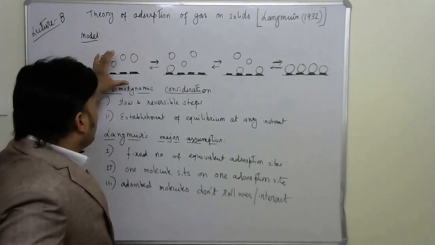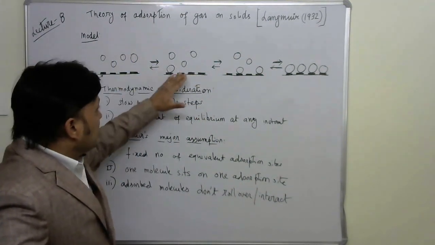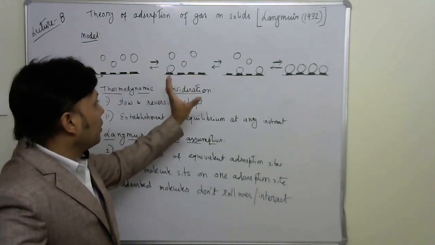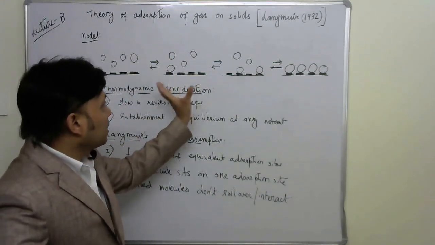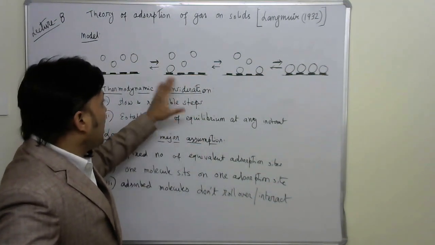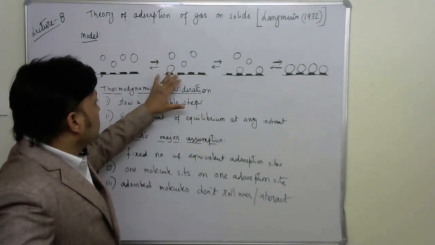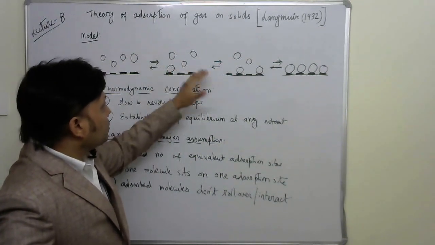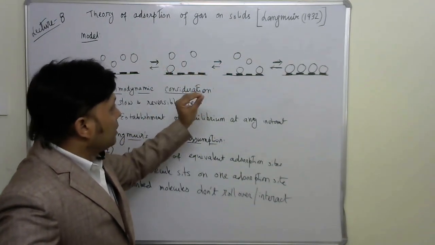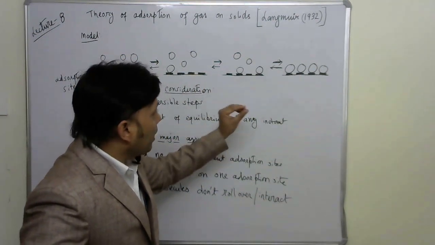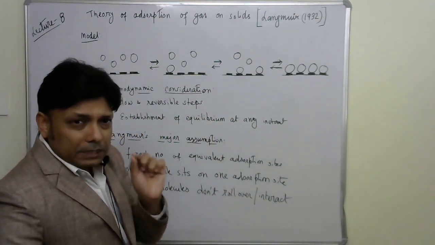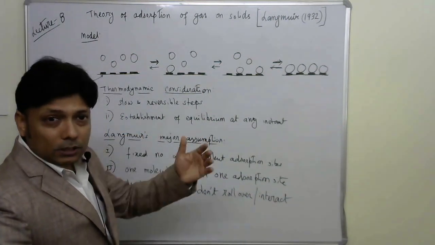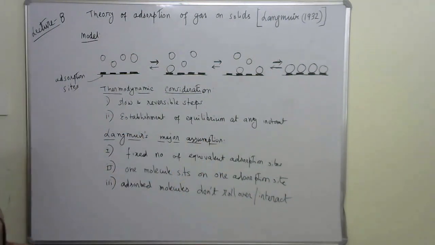Whenever gas molecules are getting adsorbed, at the same time they are getting desorbed also. So it's a dynamic thing going on, with formation of an instantaneous equilibrium at each and every step. So you can understand the process is obviously a slow one.